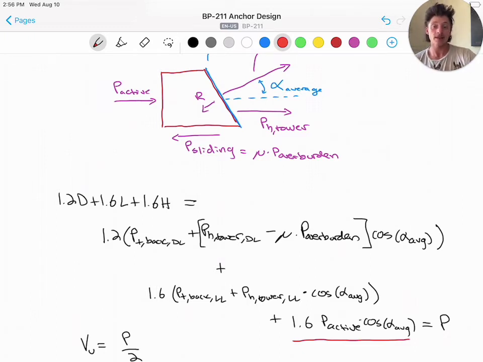Now, setting up the dead load and live load cable forces, we'll use the same equations from our cable analysis. But remember to start with the pH from the dead load, or design sag, and the dead load only, or the pH from the live load sag and the live load only when you're looking at these different components.